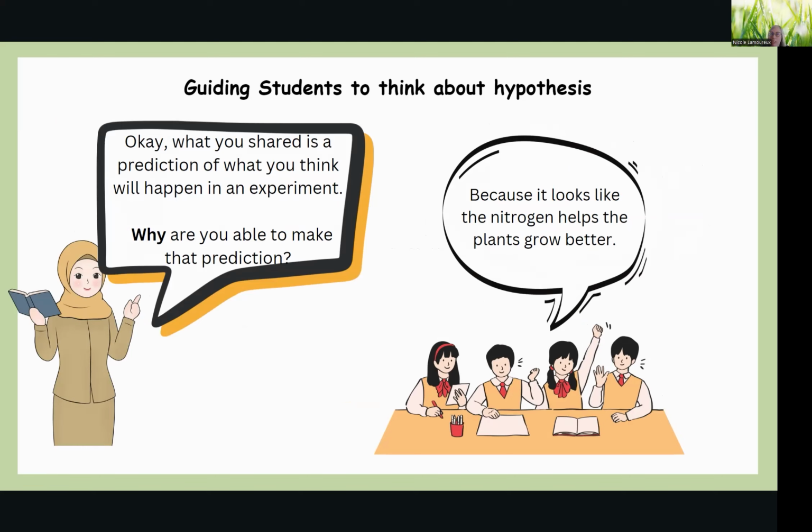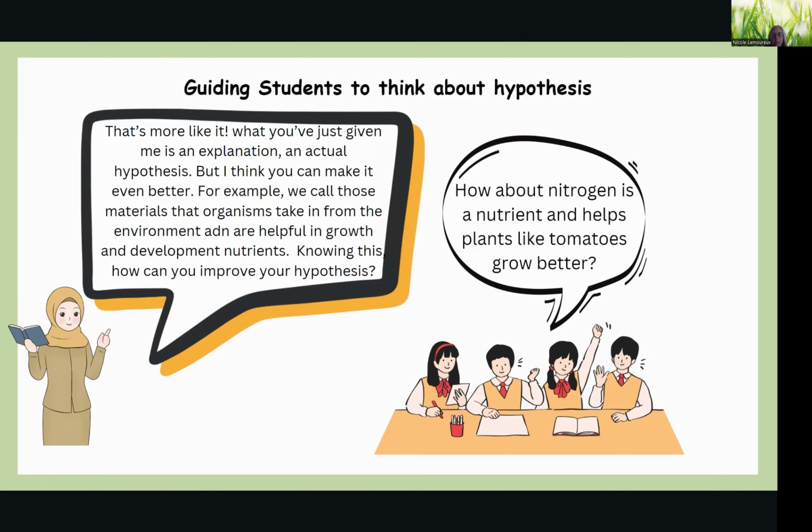Why are you able to make that prediction? So we're pushing them to go deeper, broader, because it looks like nitrogen helps plants grow better. They could think, pair, share. They could be writing this. That's more like it. What you've just given me is an explanation, an actual hypothesis, but I think we can even make it better. For example, what we call those materials that organisms take in from the environment that help them grow is nutrients.